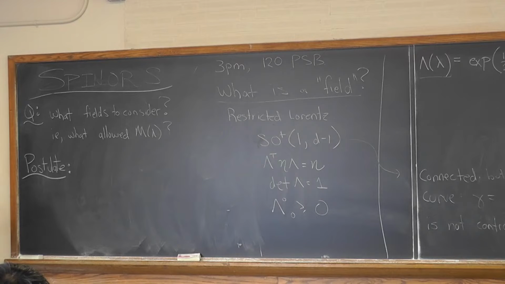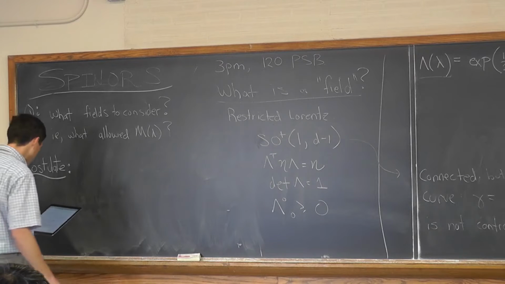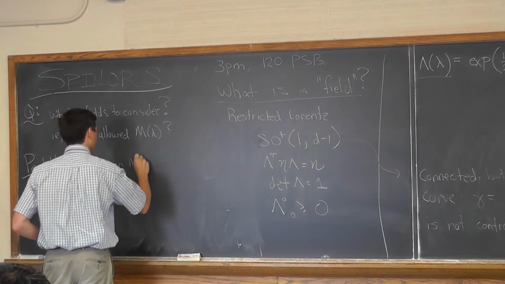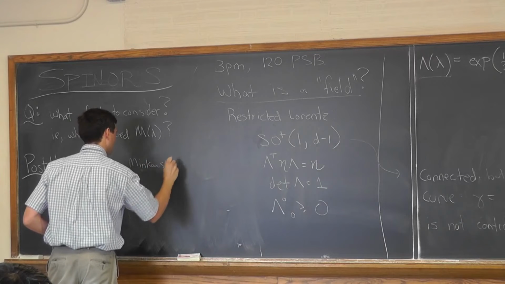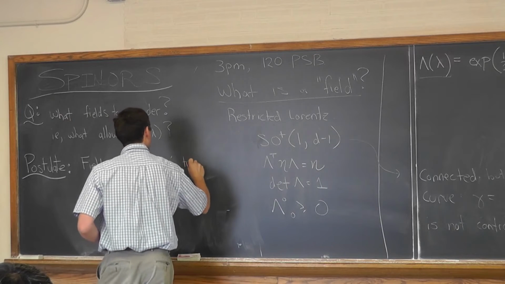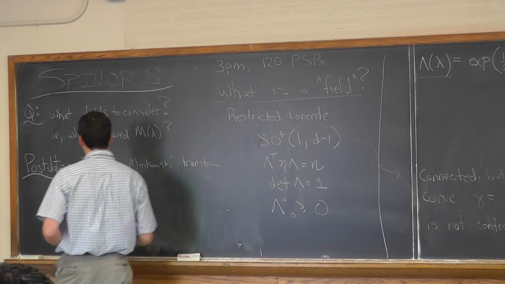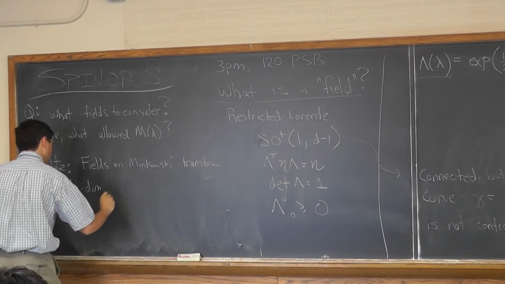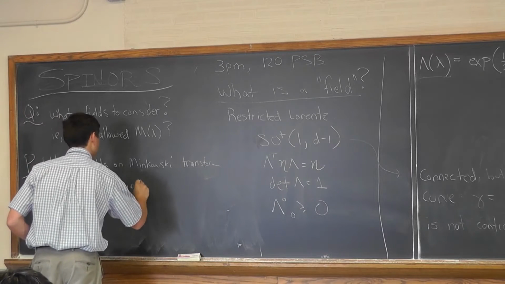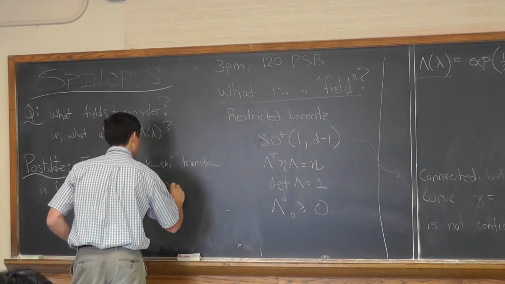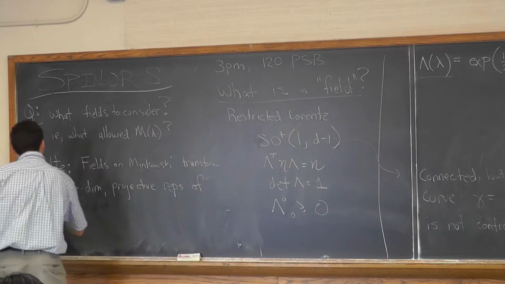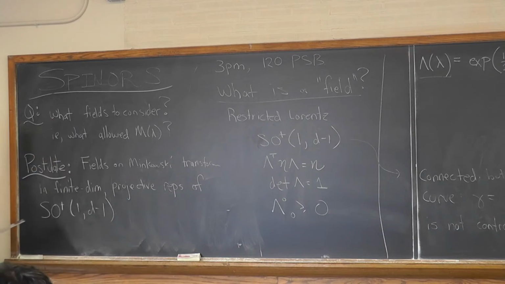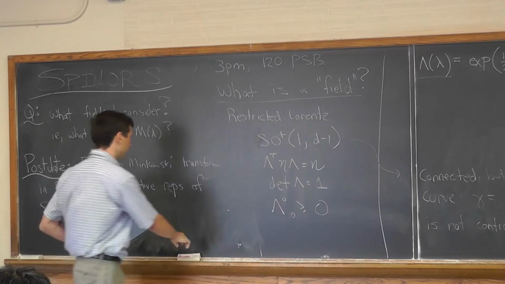And that almost is enough to justify the following statement, which is that fields on Minkowski transform in finite dimensional projective reps of SO plus on D minus 1. I'm going to unpack this statement.